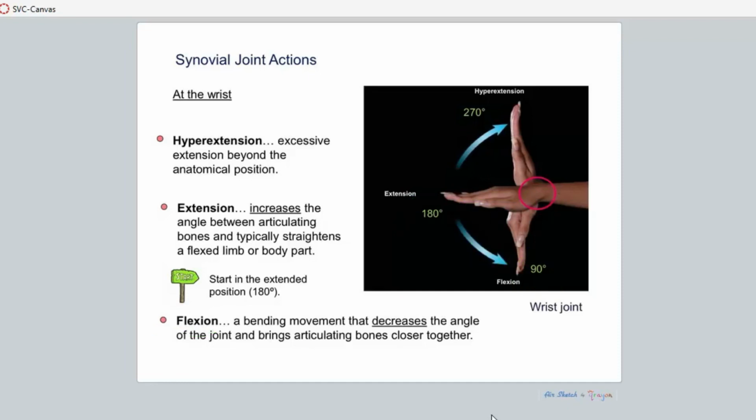Now, if we're in the flexed position and we increase the angle of that joint, bring it back up, that's called extension. And if we take it beyond the anatomical position, beyond what we might call the normal range of the joint, then that's called hyperextension.